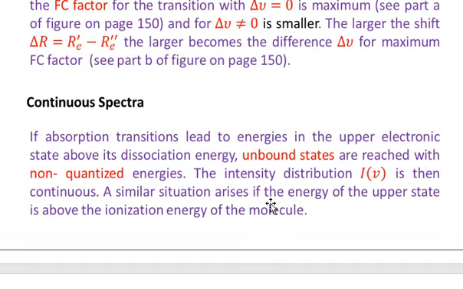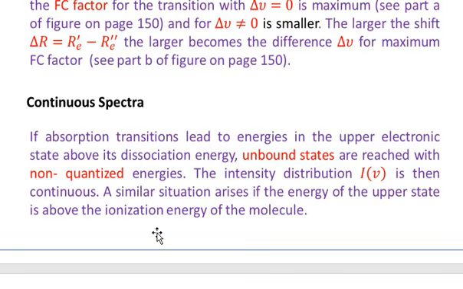A similar situation arises if the energy of the upper state is above the ionization energy of the molecule. In this paragraph I am actually discussing two different cases. In the first, I am considering the states above the dissociation energy of the molecule, where the energy levels are continuous, and the transitions from such levels will not be quantized.